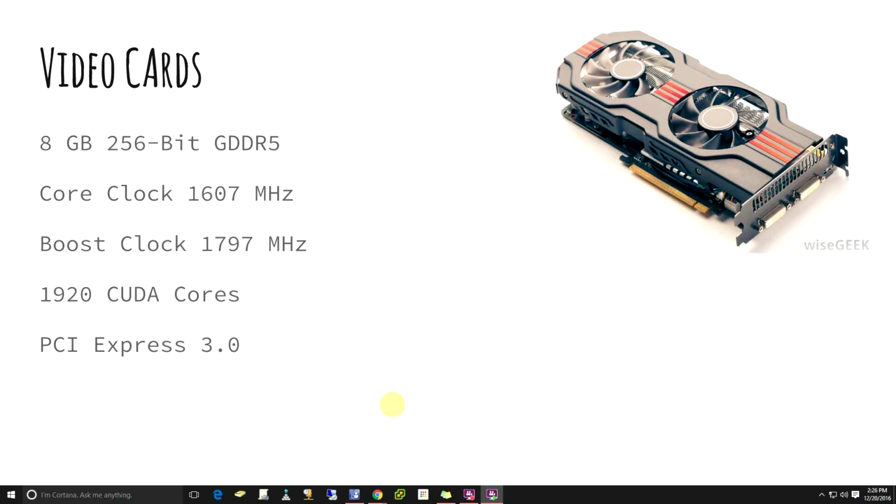But there are a lot of cards that aren't all the way up to 256 bit. You're going to pay more to get the specs that are on the screen currently. Keep in mind that the bus rate works just like your front side bus. You don't want to get this really nice graphics card and not have the front side bus on your motherboard or CPU to communicate with the CPU fast enough to keep up with it. This is where it's really important that the graphics card isn't all you're putting your money into. You need to have a computer that is well-rounded in all aspects.